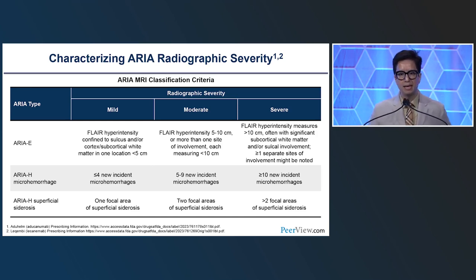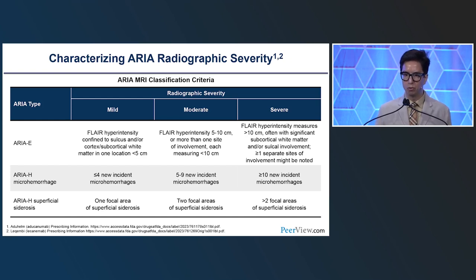And of course, in looking at the ARIA classification criteria, it's important to have this sort of printout up in your reading room, maybe on the wall or easily accessible for reference. And a couple of things I'll point out here. So for ARIA-E, going from mild, moderate to severe, mild is less than 5 centimeters, moderate is less than 10, and then severe is greater than 10.